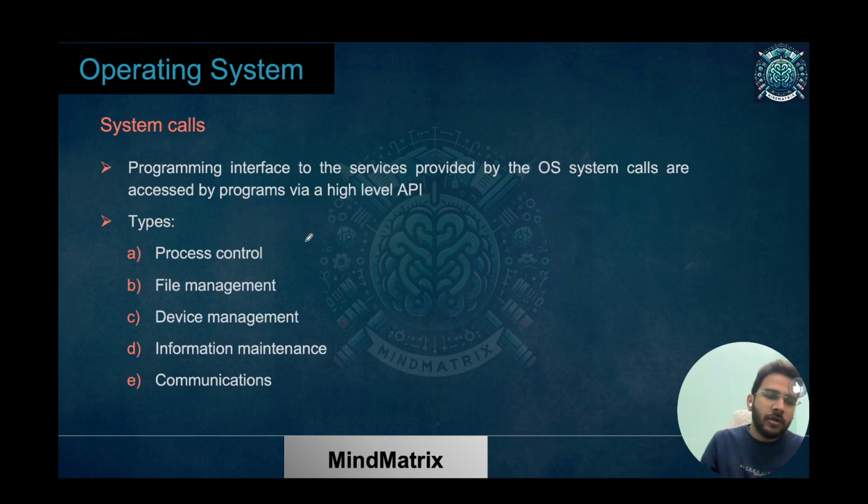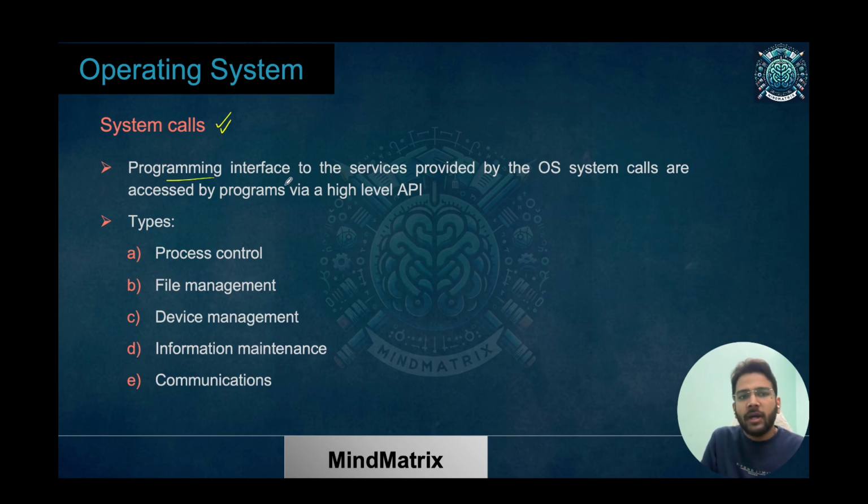Let's proceed further. Now we are going to talk about system calls. In the last lecture, we saw how the fork system call executes, what the functionality of fork is, how it creates a child process, and we also solved many examples based on that. So I hope you have visited that as well. Now we are going to talk about other system calls that we use sometimes.